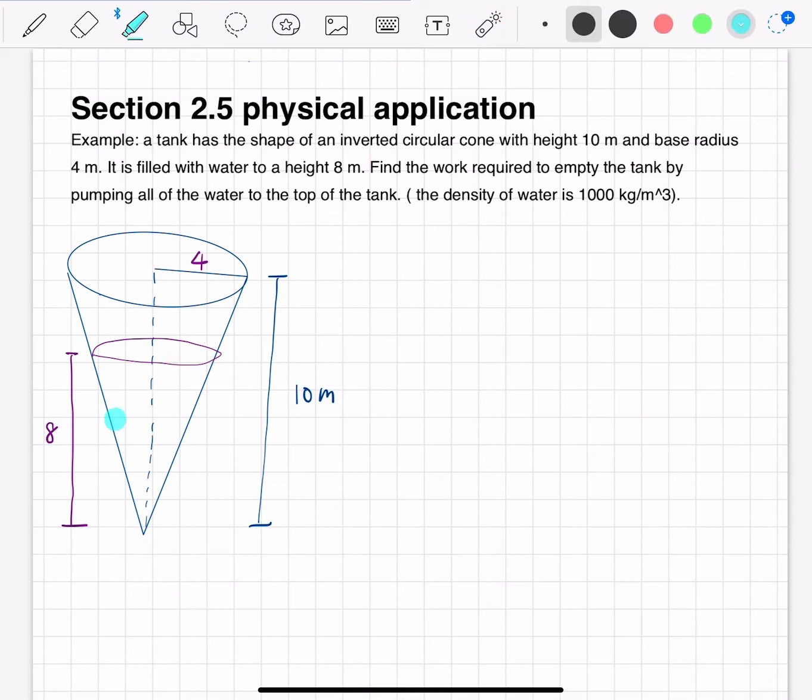In one slice, we'll have a thickness of delta x, which in the future is going to be our dx.